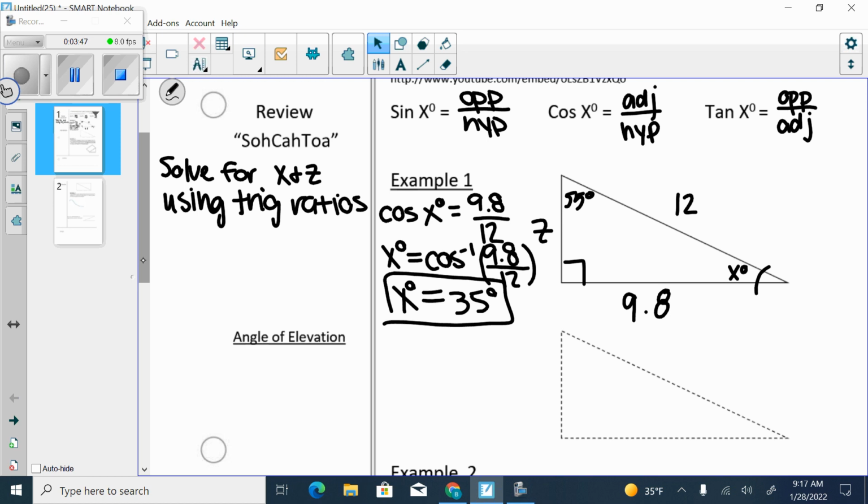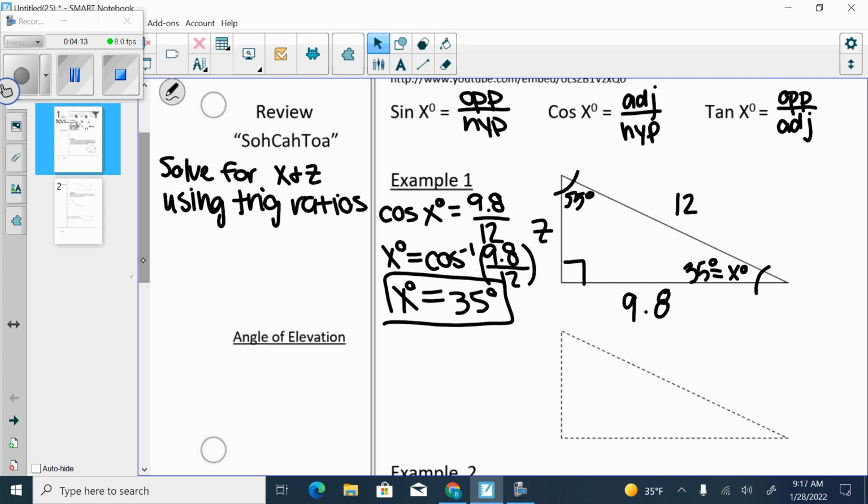Alright, so now I do know that this is 35 degrees. So I know both angles. So which angle would you guys prefer to use? The 55 or the 35? 55. Okay, so I'm looking at this angle. If that's my angle, what is z in reference to that angle? Adjacent, right? So I know I'm using the 55 for the angle, and I have to use adjacent.